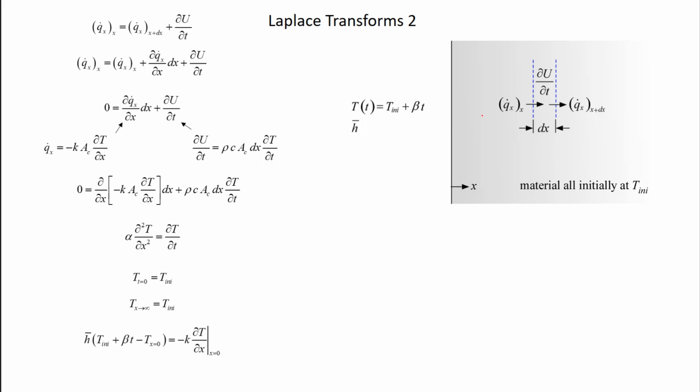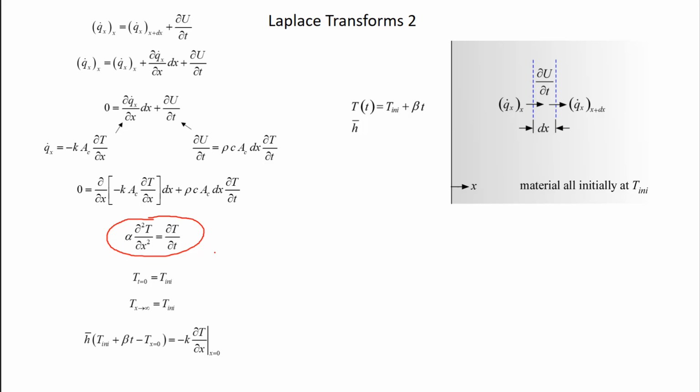So I'm going to derive the governing differential equation. We've done this enough times that if you're unsure of any of the steps, you can see them here. But in the end, you get this governing differential equation right here, right? So it is a partial differential equation, right? Temperature is a function of both position and time.